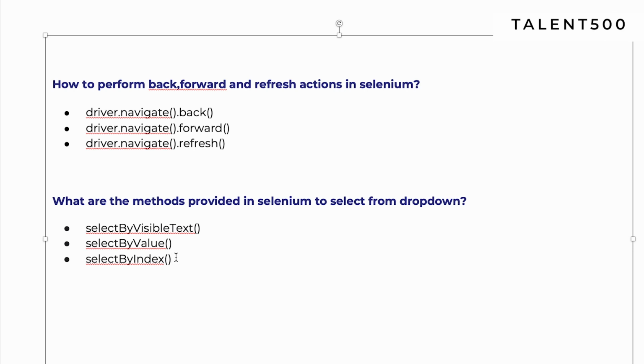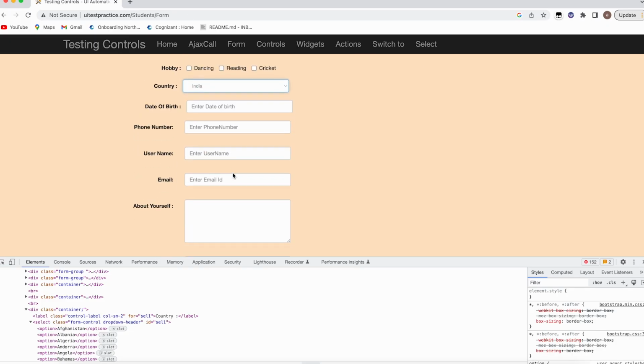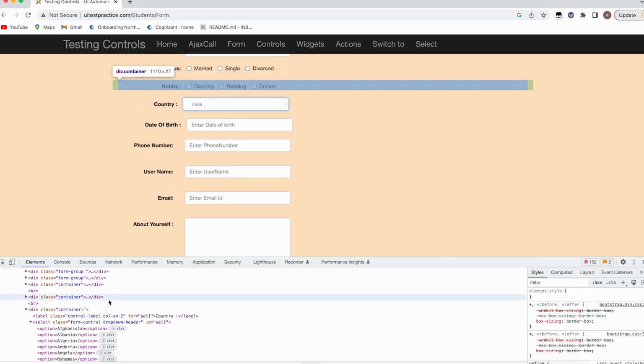If there is a new entry or a new addition of options, the index may change. So never depend on index. If it changes, it will increase your maintenance work, right? You need to go back and edit it. That's why I always advise never to go with this index part.